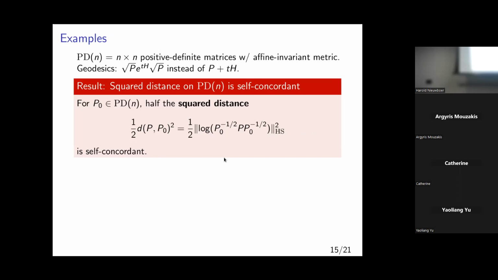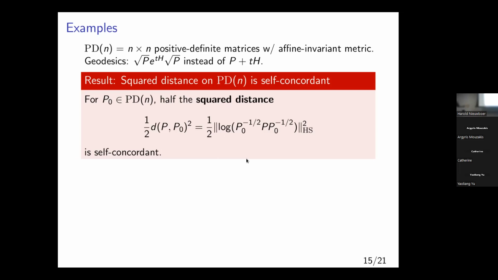Now you may wonder, why is this statement non-trivial? It's a quadratic function, it generalizes quadratics from the Euclidean setting. So surely it should be self-concordant, it's the first place to look. But the third derivative of this function is non-zero. Even though it's a quadratic function in the most natural sense of the word quadratic, it has non-zero third derivative.